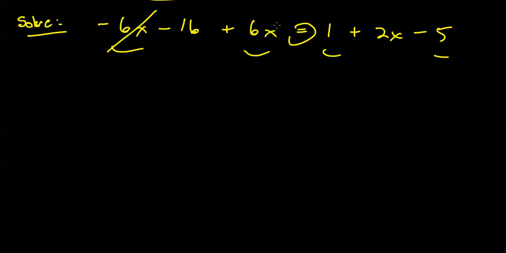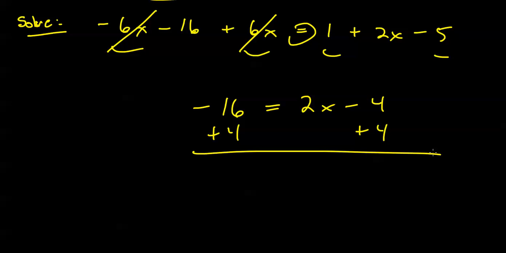Minus 6x plus 6x, well, of course, cancel out each other, so why deal with those if you don't have to? 1 plus 2x minus 5, that's equivalent to 2x minus 4, of course. Alright, I'm going to then add 4 to both sides. Remember, what you do to one side, if you do it to the other side, you maintain equality.